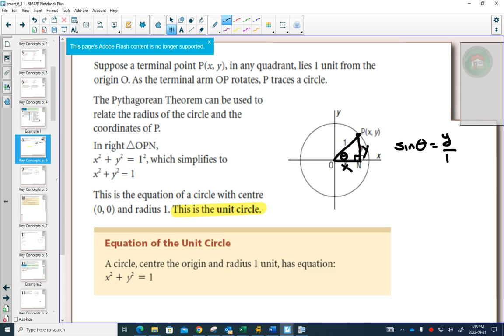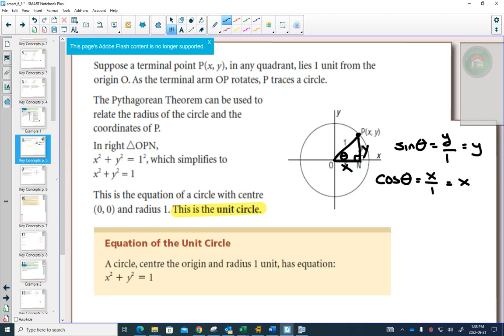And y divided by 1 is just y. Similarly, I could do cos of theta. My adjacent side is x. My hypotenuse is 1. And so it's just x.